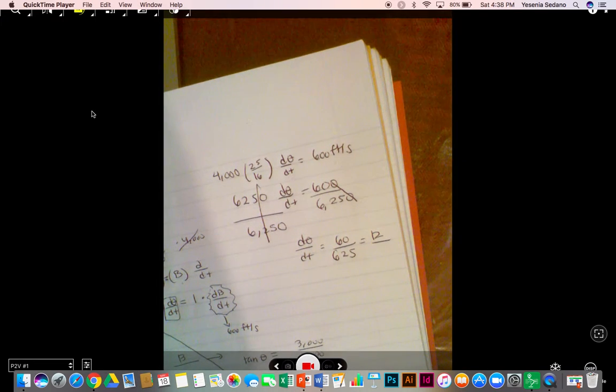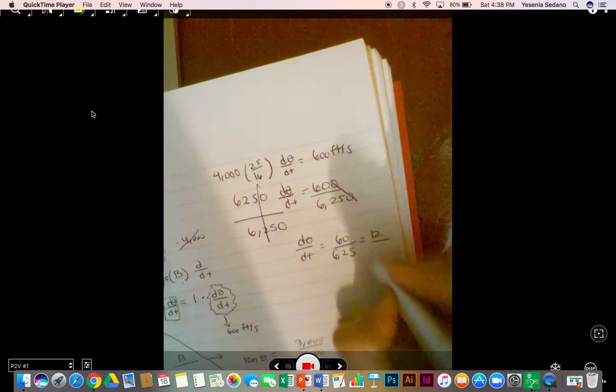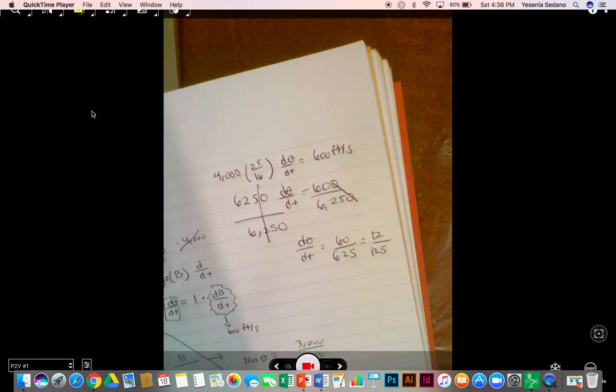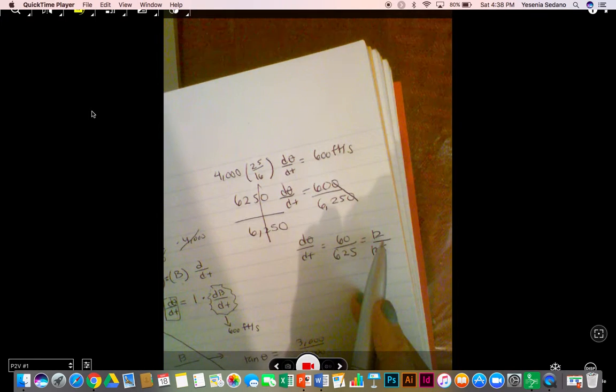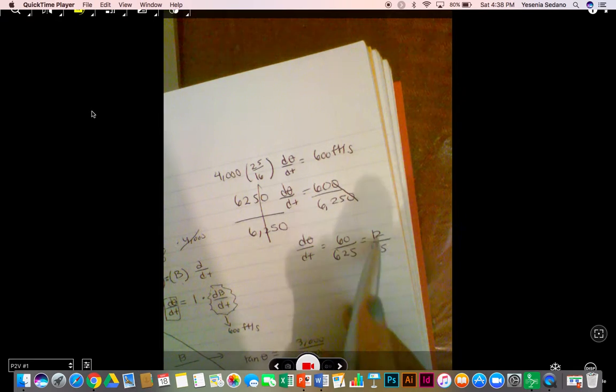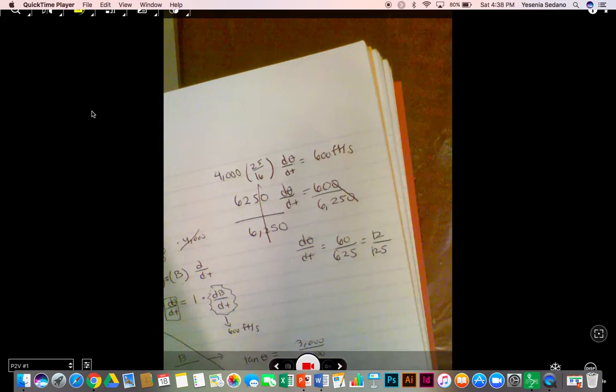I don't know if your school wants you to simplify your fraction or not. So let's see, 125 and 12. I don't think anything else goes into this. 25 times 5, and then it's 12. Let's see what the decimal version would be.